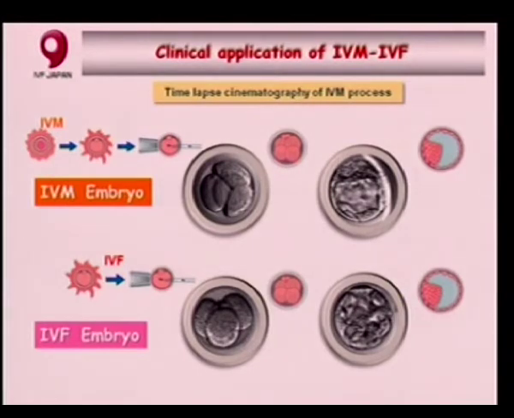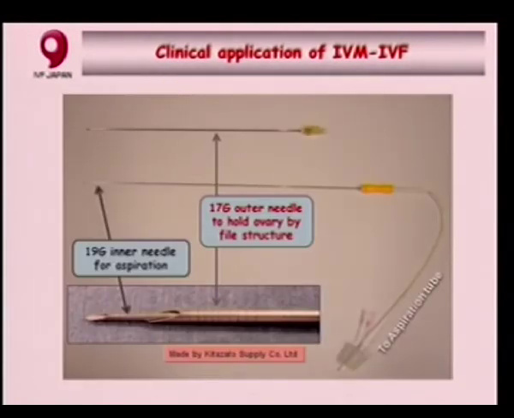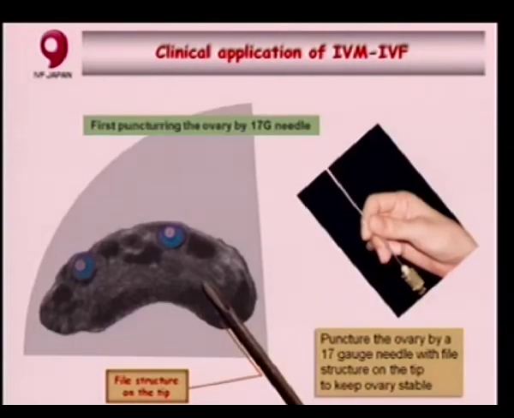See, nothing different. So our way of collecting oocytes is that we use a 2-needle system, one bigger needle and also a smaller needle, like this way. First we puncture the ovary with the bigger needle, and then hold.